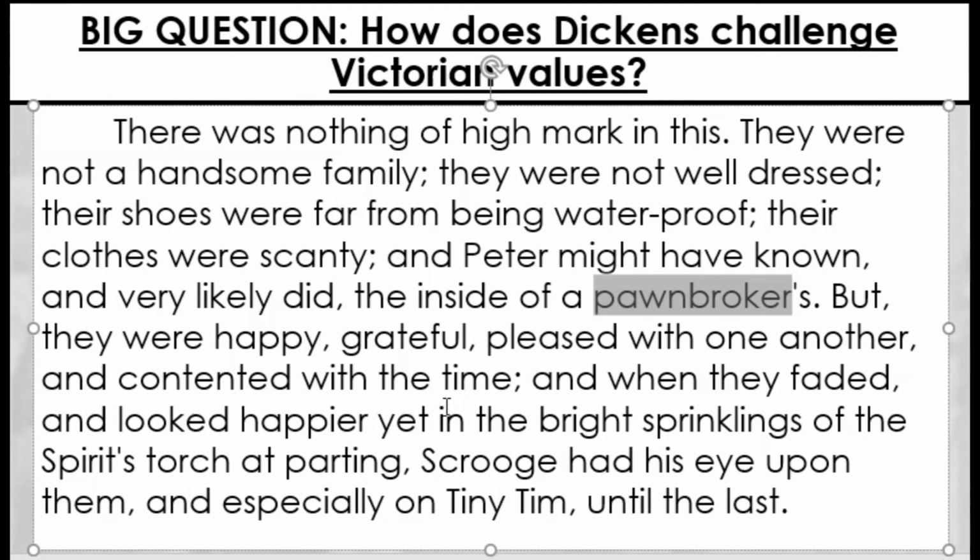So this is how little they have. Occasionally they've had to sell things in order to make ends meet. But nevertheless, despite their poverty, they're still happy. We get the bright sprinklings of the spirit's torch. Again, the imagery of light and joy, but the spirit is sprinkling stuff on them again because it reminds us of what they said earlier, that the people who need it most are the poor. And so he's more generous with the poor, where he sprinkles his magical torch and the incense and liquid from it.